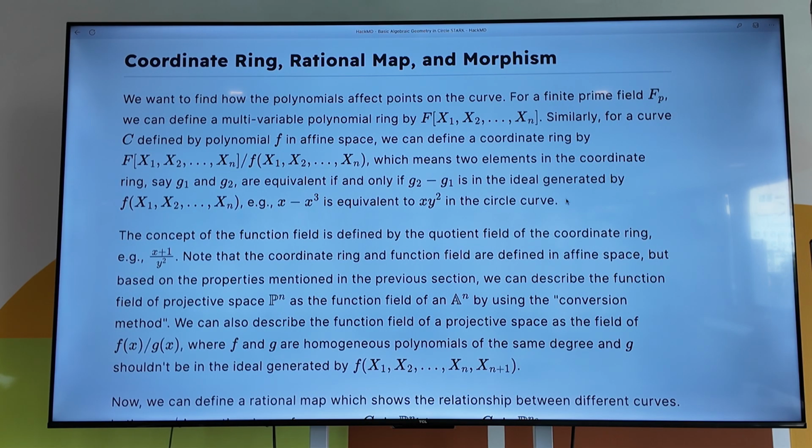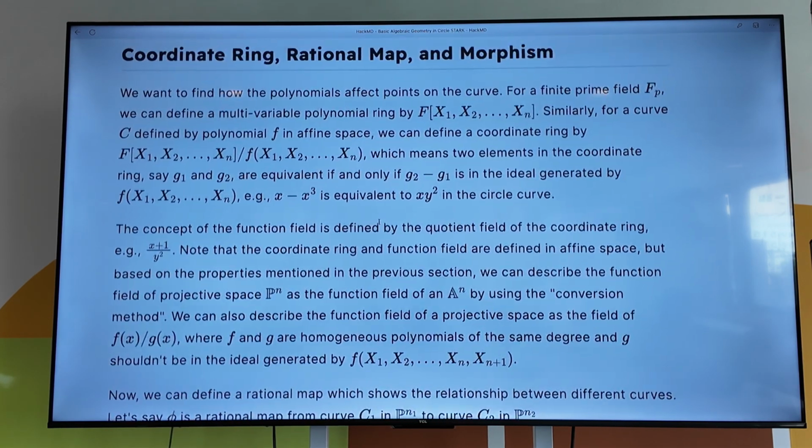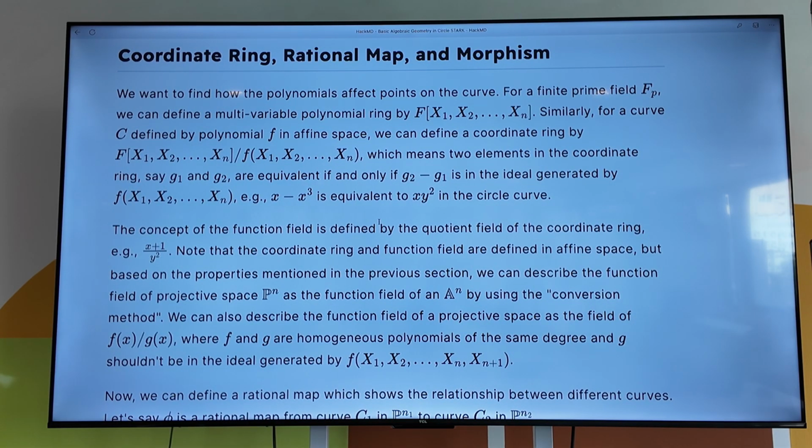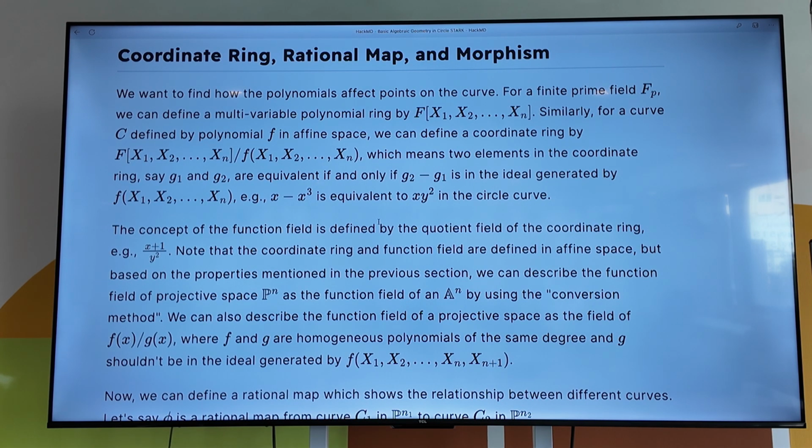4 minutes. Okay. So we can quickly review the other part of the article. The second part is coordinate morphism, and we should define many concepts to define a morphism. The morphism is actually used to define the map between a curve and a curve.